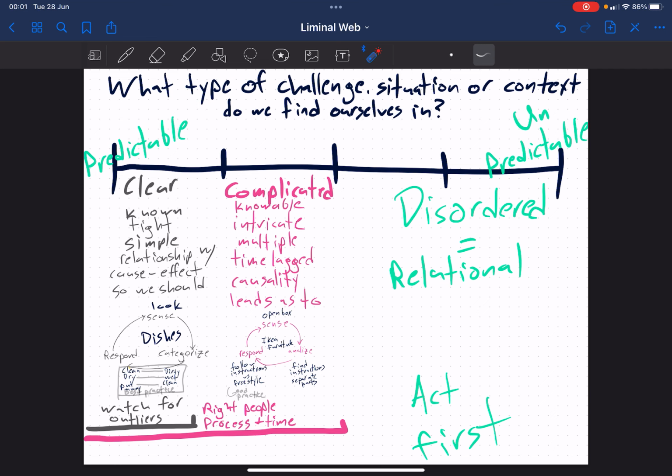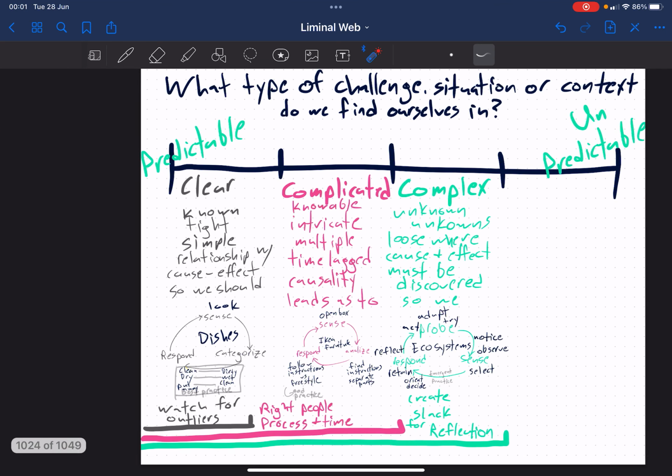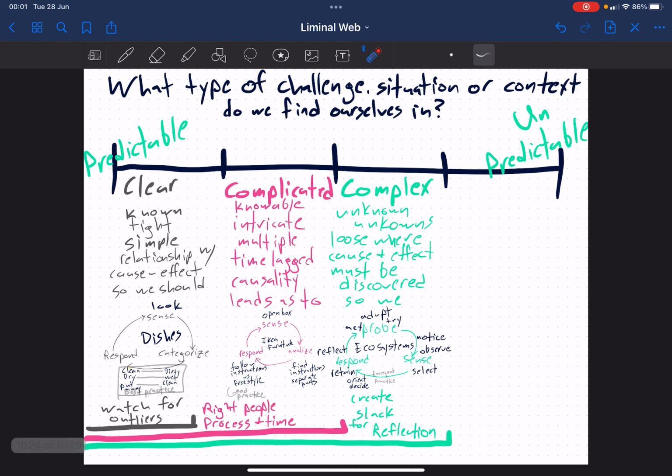Moving over into our disordered categories, the first one towards the middle there is complex. Now, in complex situations, we find ourselves with unknown unknowns, where this loose relationship with cause and effect has to be discovered above and beyond all things, because we have to uncover these unknown unknowns.